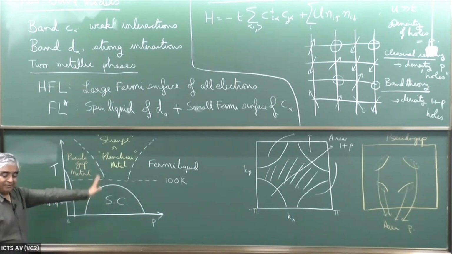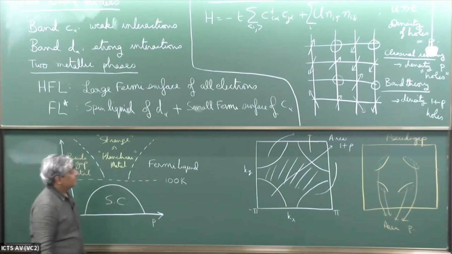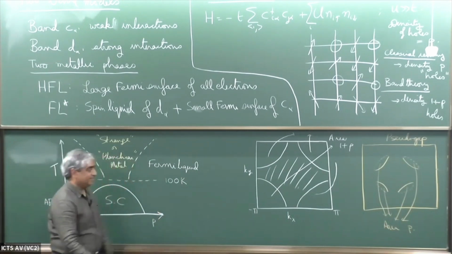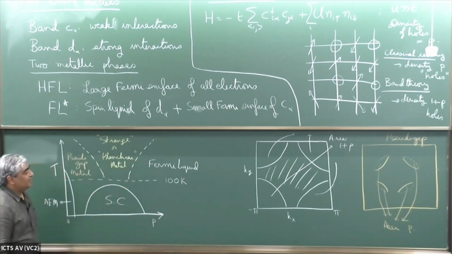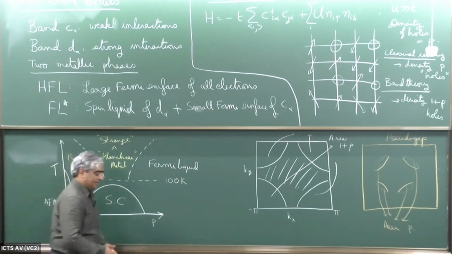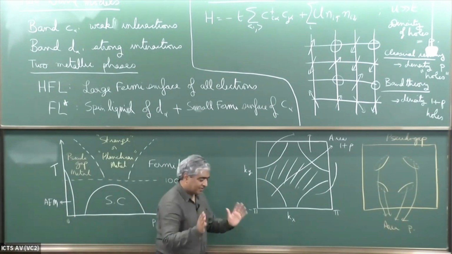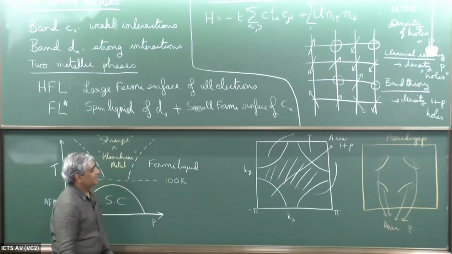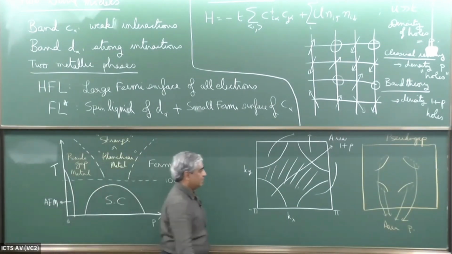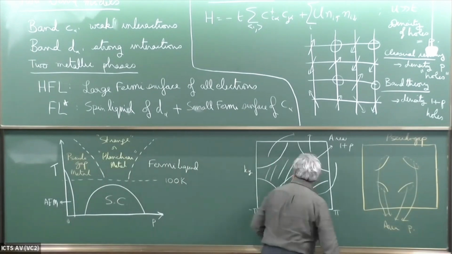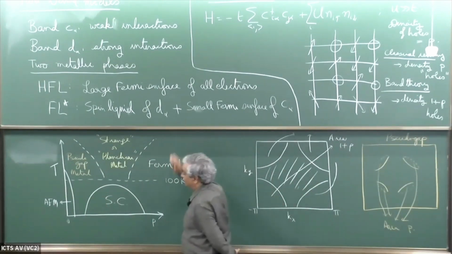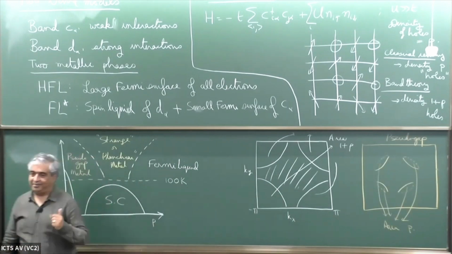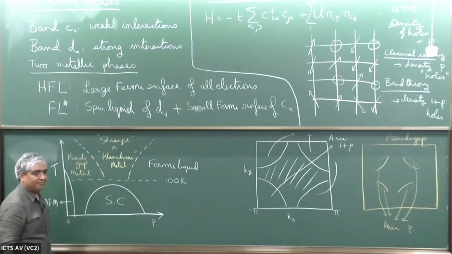I won't have time to give proper credit on the board, so I'll just tell you the recent ideas. What I like about our recent ideas is that they give you a very systematic and controlled way of computing things, and also give you a very simple picture of how you could get an FL star phase in a one-band model.